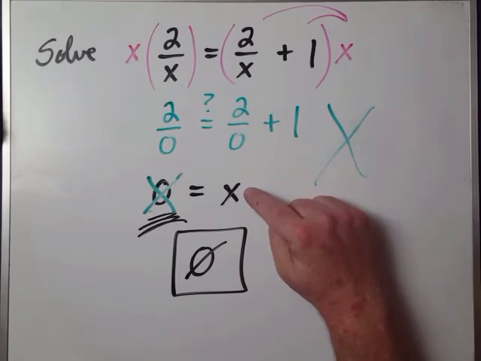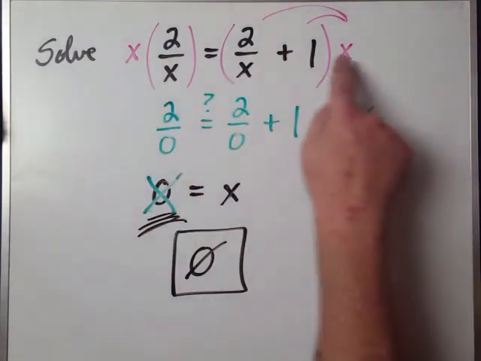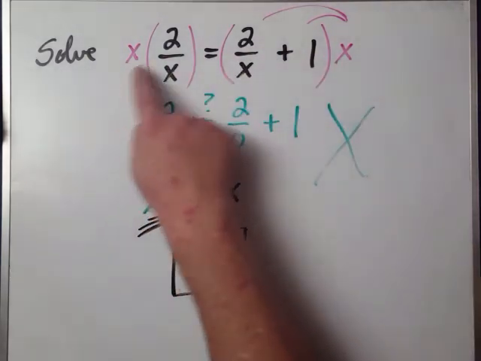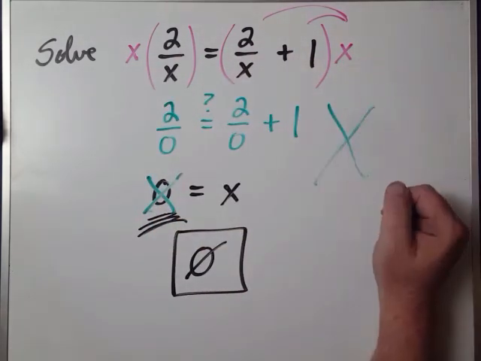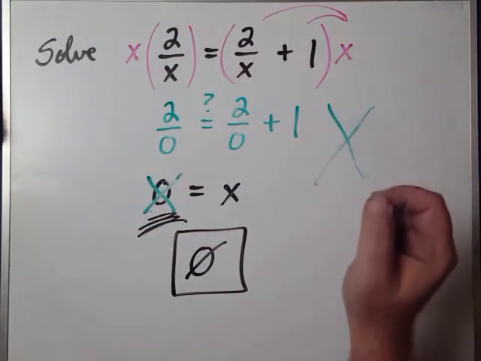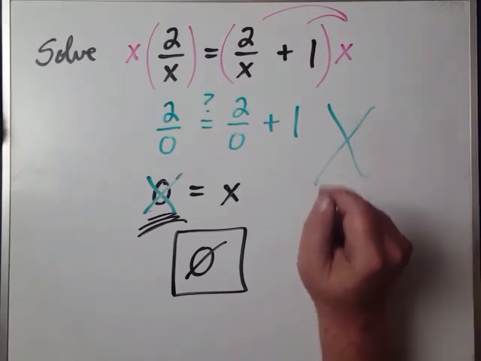What did it turn out x would have to be if this were going to work? x turned out to be 0. What did I multiply both sides by? I multiplied both sides by x. I multiplied both sides by 0 without ever knowing it. That's the reason that we have to check our solutions in this section.